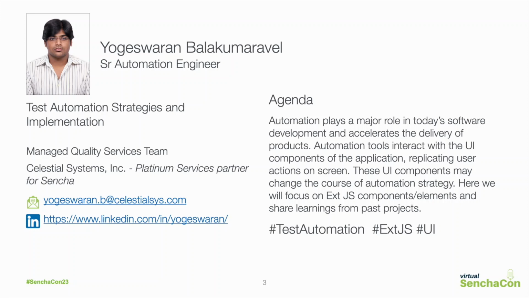And during the course of application development, these UI components may change. Today, I'll be sharing my learnings from the past projects, how to cope up or embrace the change and maintain the automation code intact.